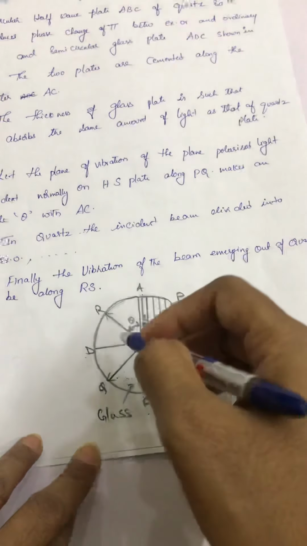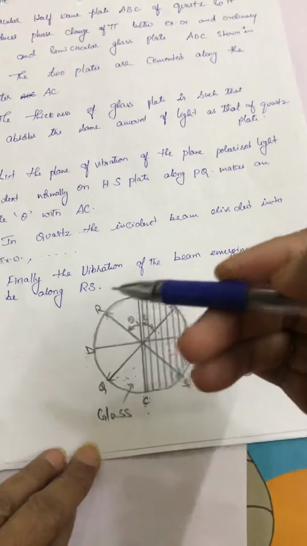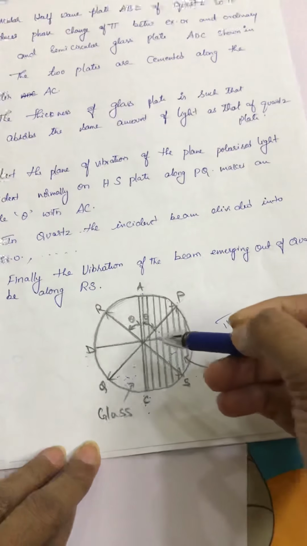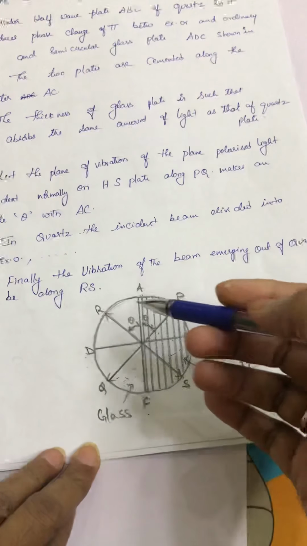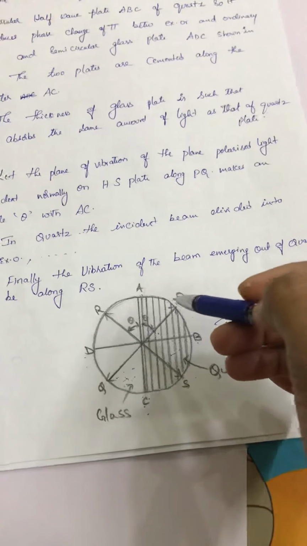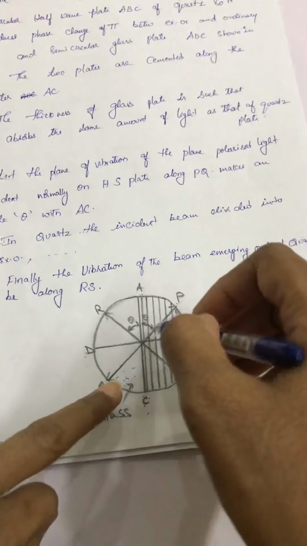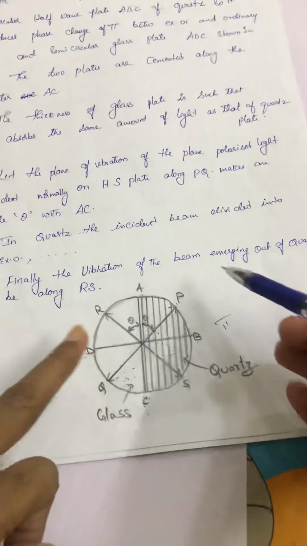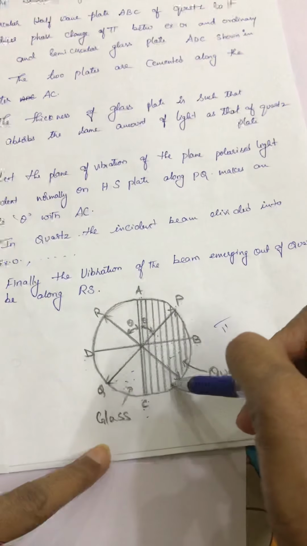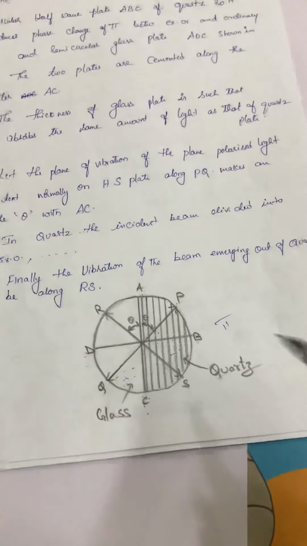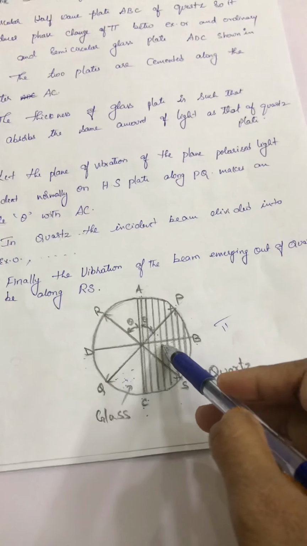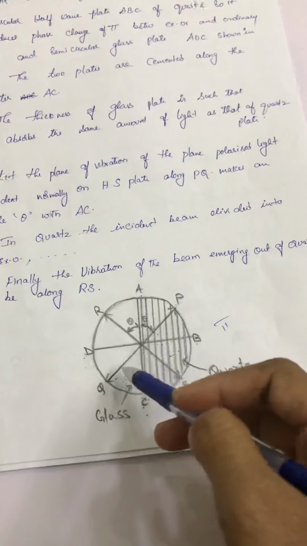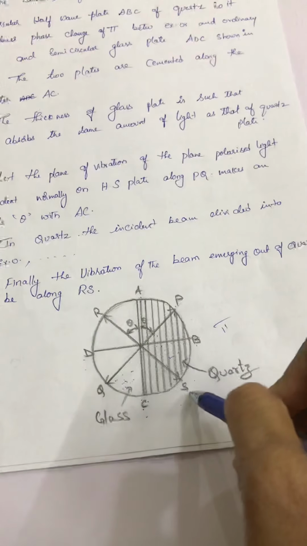The ordinary ray travels faster than the extraordinary ray, and they change their total effect in the quartz plate. Finally, the vibration of the beam emerging out of the quartz will be RS. Understand?